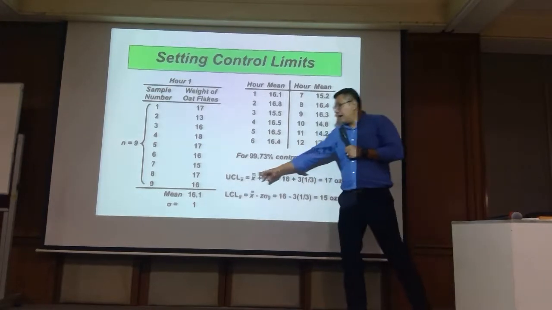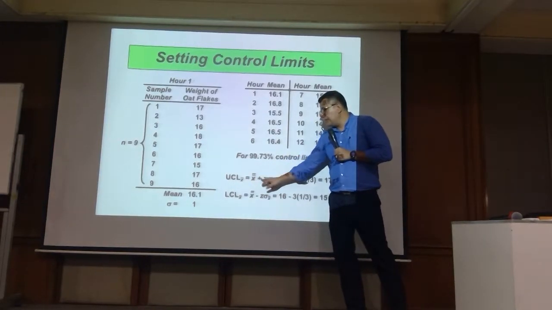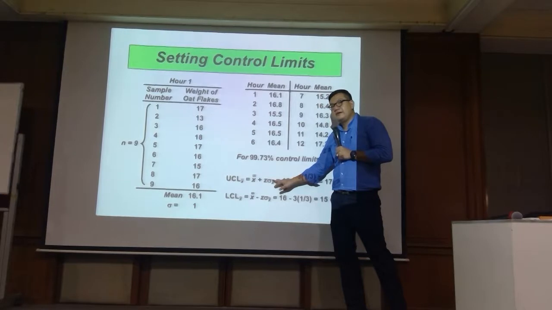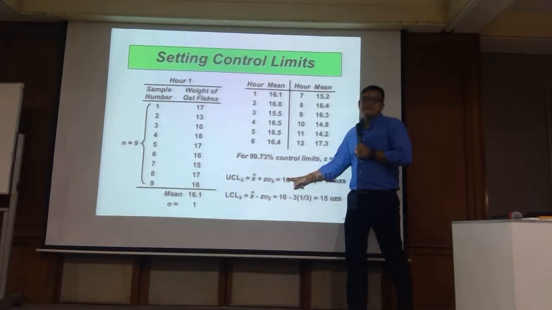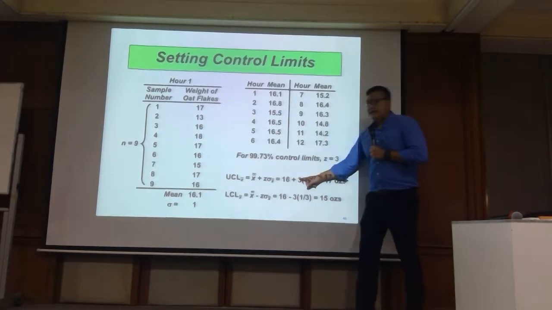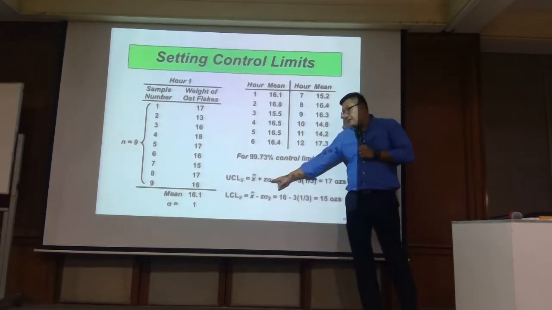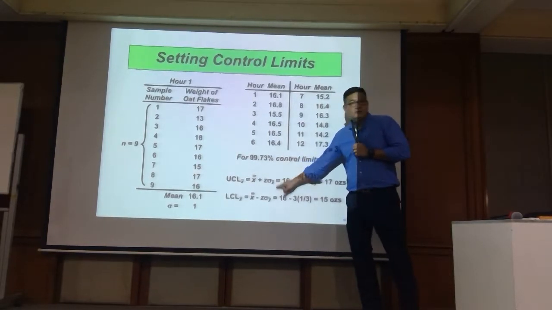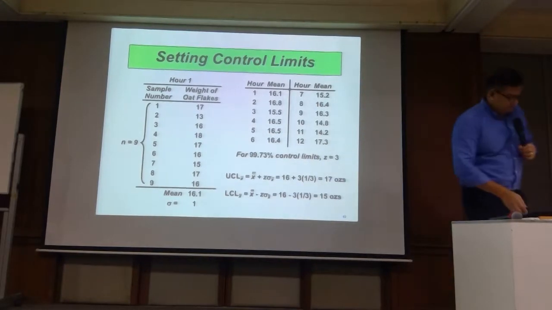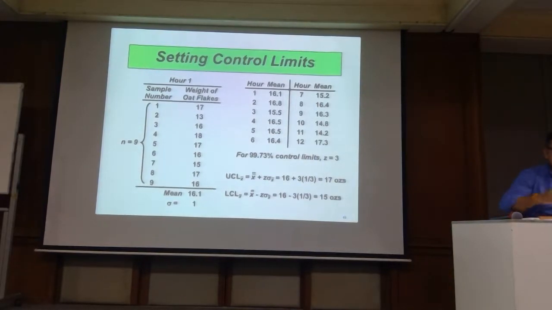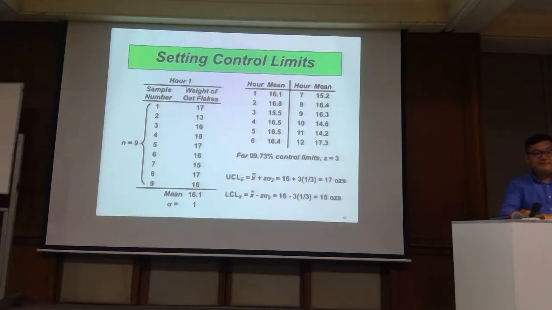So then I'll calculate the upper control limit by using X double bar plus 3 standard deviations, remember? X double bar is 16, the multiplier is 3, but the standard deviation of the sampling distribution, based on the concept of the central limit theorem, is equal to what? The standard deviation of the population divided by square root n, right?